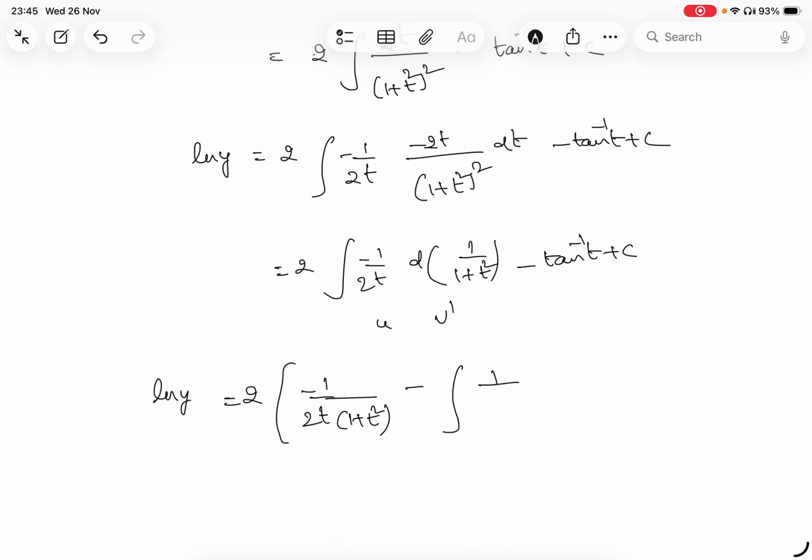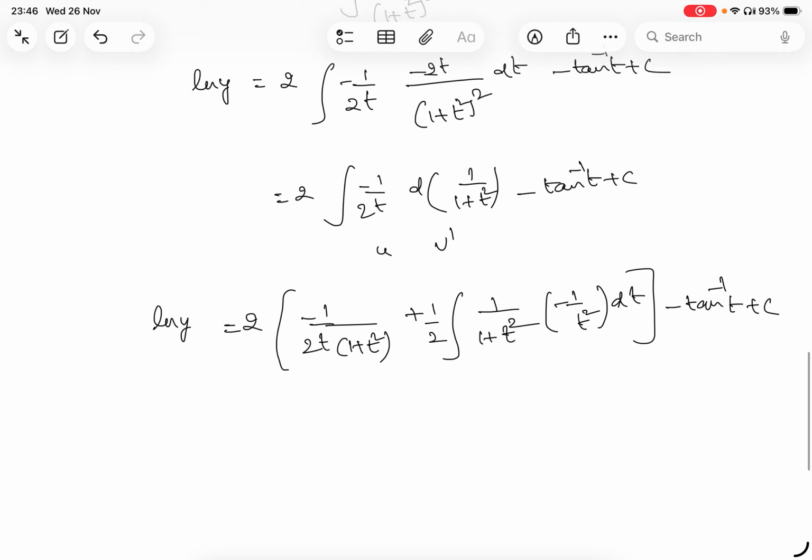V is 1 by 1 plus t square, and that is minus 1 by 2, it's a constant, right? Then this becomes plus 1 by 2 into v, u dash is 1 by t is minus 1 by t square dt. Fine. Then the first integral is done, and this is as it is, minus tan inverse t plus c.